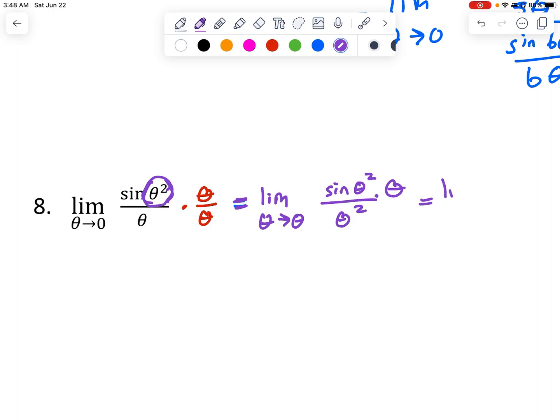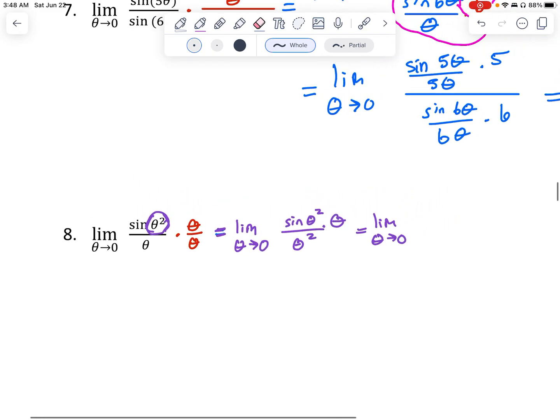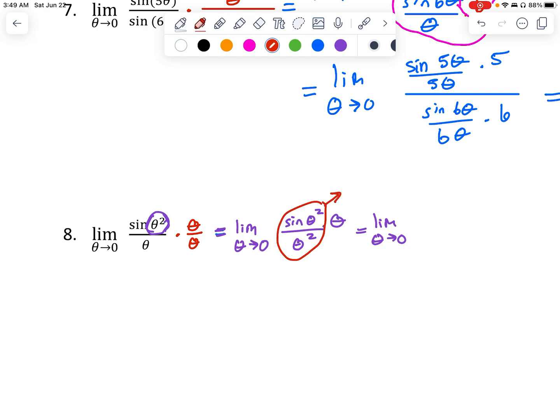So that gives me the limit as theta goes to 0. This piece is 1, and that leaves me sine theta squared over theta squared.